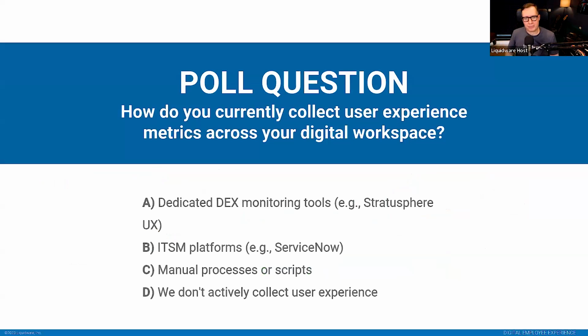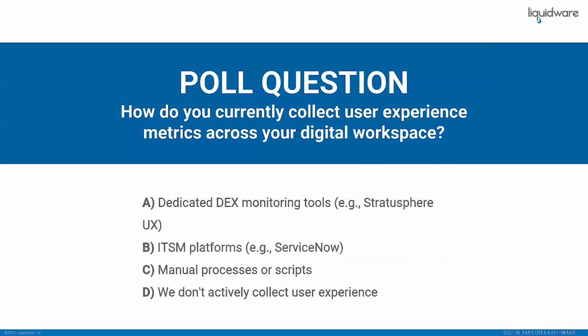Okay, poll question number 2. How do you currently collect user experience metrics across your digital workspace? Be careful with this. Stratusphere monitors user experience from an empirical standpoint, so CPU, memory, disk, and network. Here we're talking about, and James may want to expand on this, user sentiment. So James, can you describe the difference?